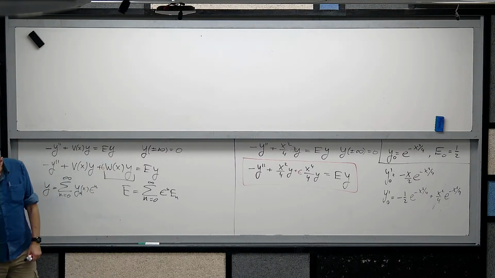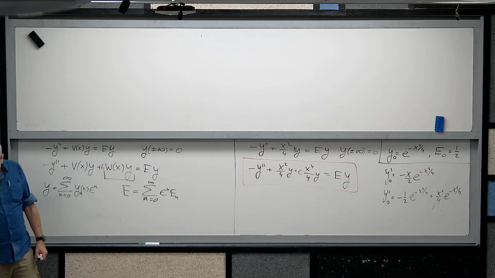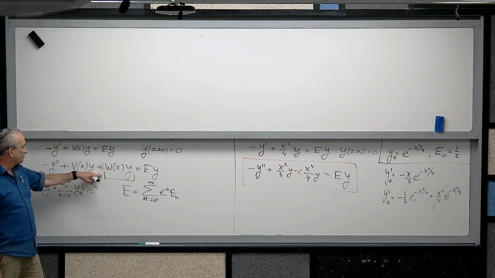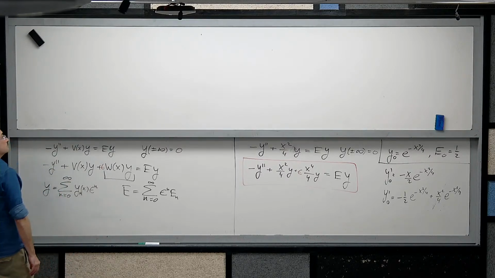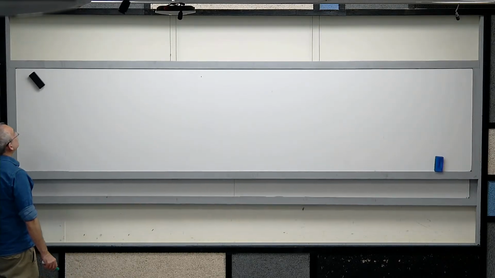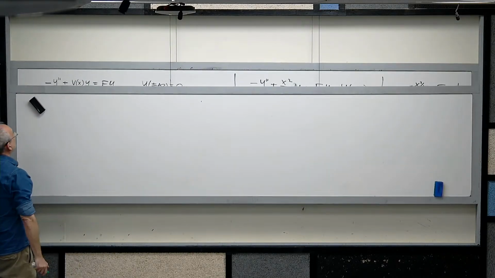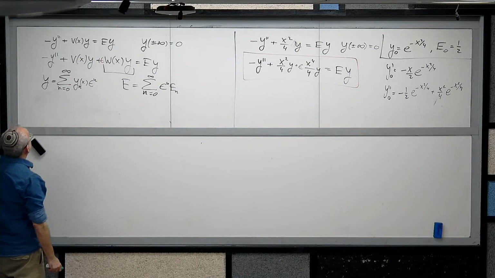Good. So let's continue. What is the next step? The next step, we have to plug these two expressions into the Schrödinger equation and calculate things order by order. Okay? So let's switch to the white box. Let's start here.